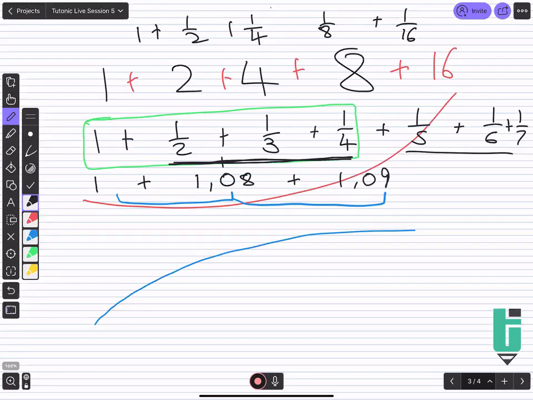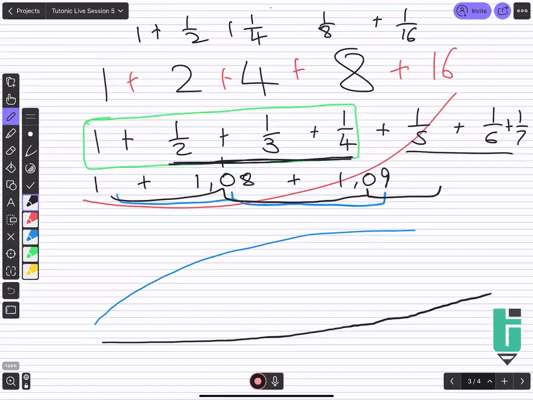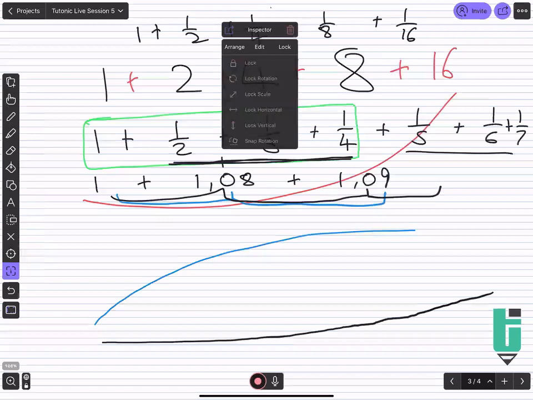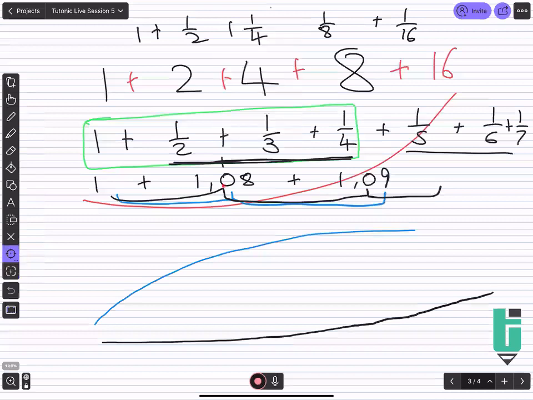It's getting bigger, but very slowly. So that's why we say this is a very slowly divergent series, but it's not convergent. Why? Because the numbers are getting bigger. Do you guys see that? They're getting bigger, but very slowly.